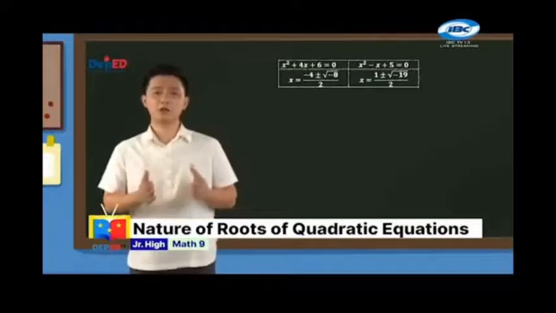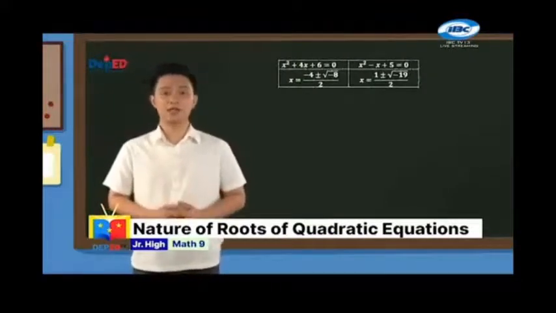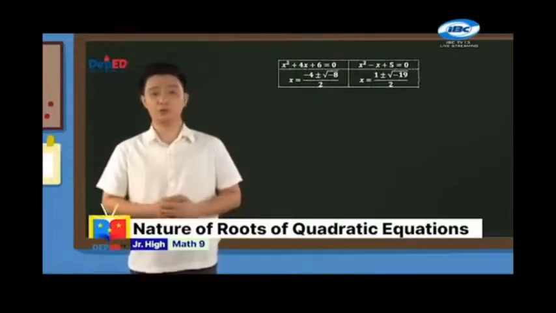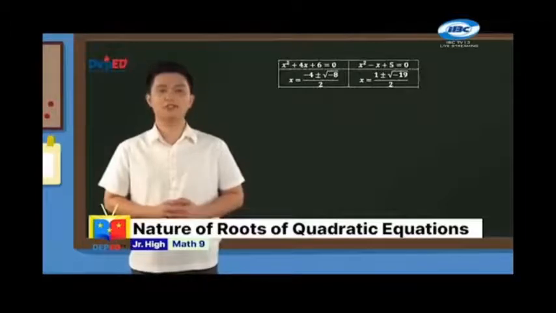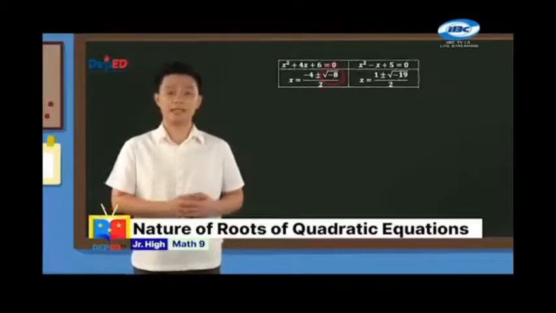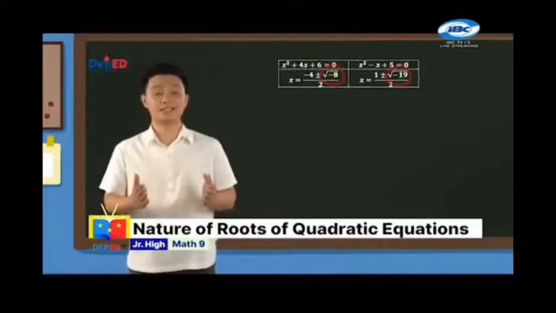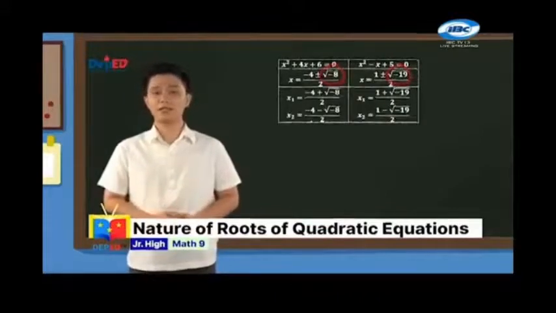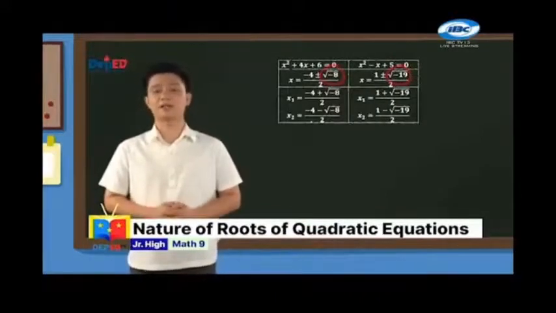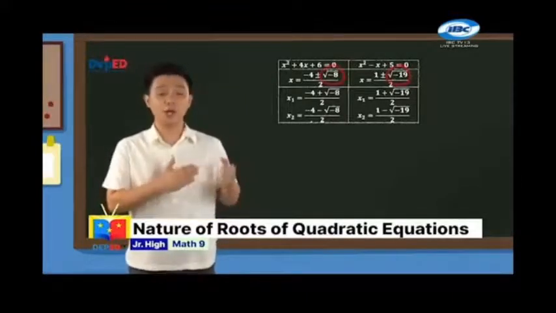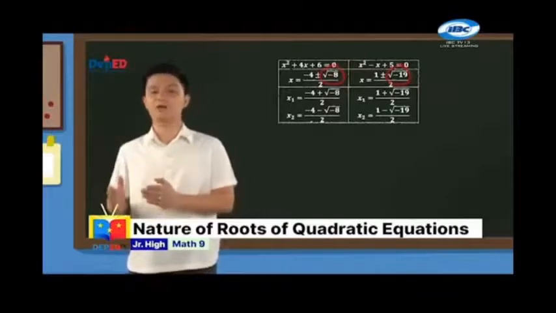Now, let's look back on the type of discriminant that we can associate with the kind of quadratic equations in the fourth pair, and what nature of roots corresponds to such discriminant. Negative 8 and negative 19 are both negative or less than 0. Notice that when the discriminant is negative or less than 0, it will result to roots that are not equal and are imaginary.